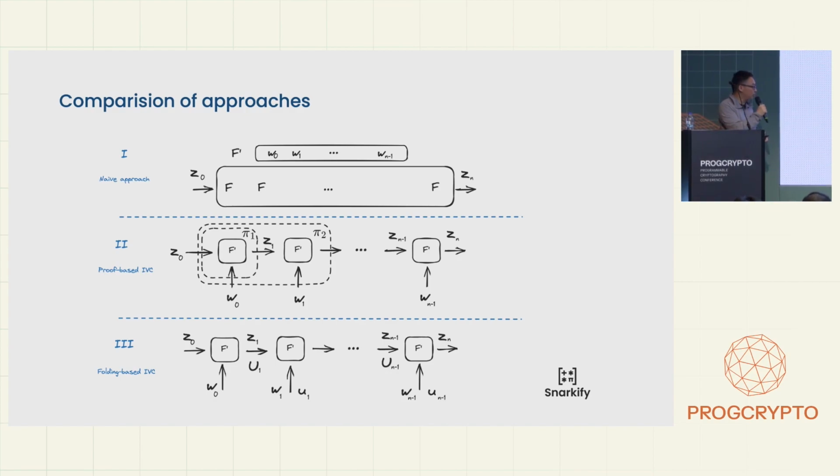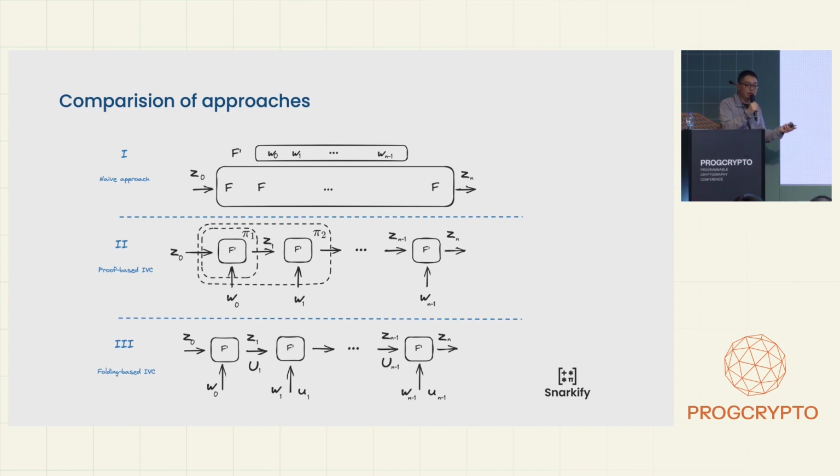And the third one is the folding-based IVC, first proposed in the Nova paper. The difference between proof-based and folding-based IVC is that we don't have to create a proof at each step. Instead, we just capture the essence of the information from the previous circuit and fold it into a running accumulator.